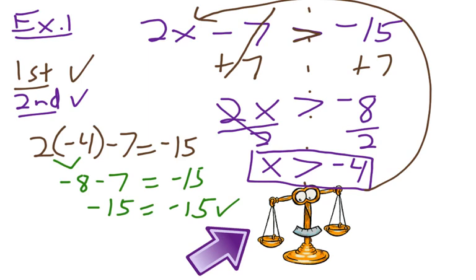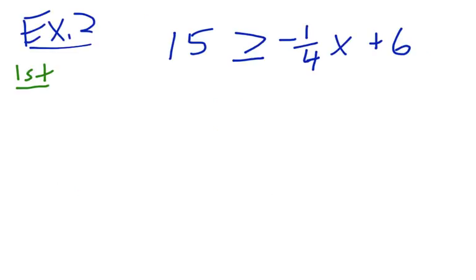I'm going to jump to example 2. This will be an instance where you do need to reverse the sign. Example 2 reads 15 is greater than or equal to negative 1/4 x plus 6. So I'm just doing PEMDAS in reverse. I'm looking at my variable here, and I'm drawing my line down the center.